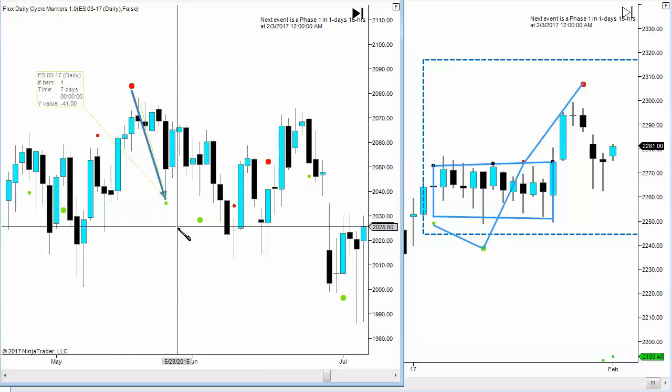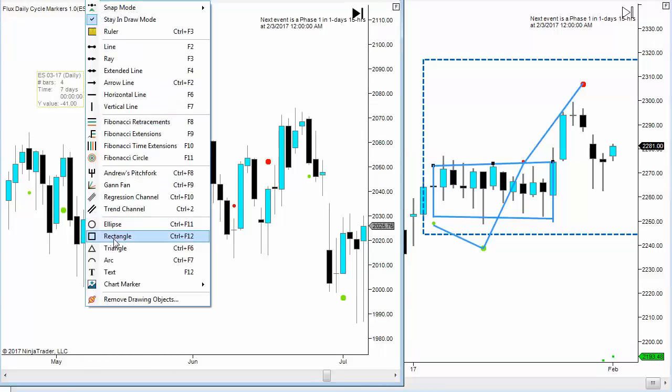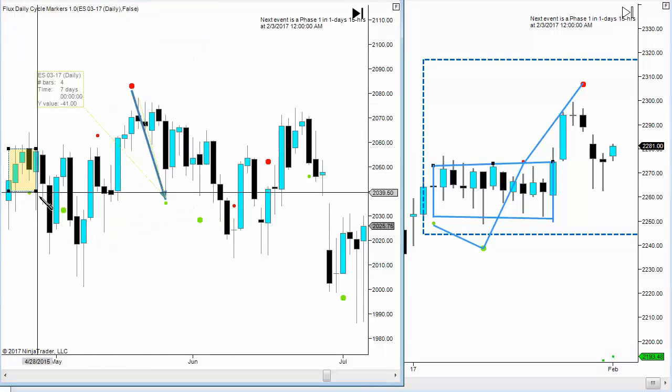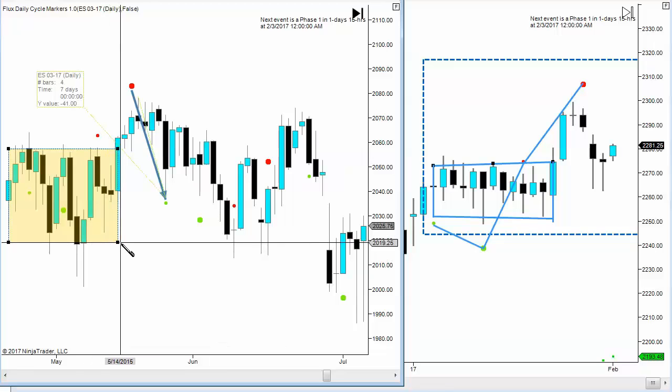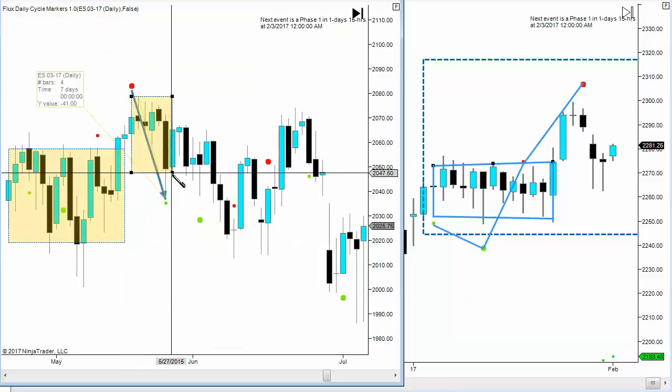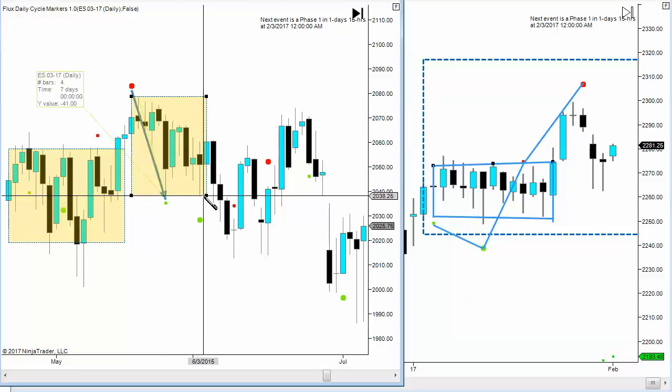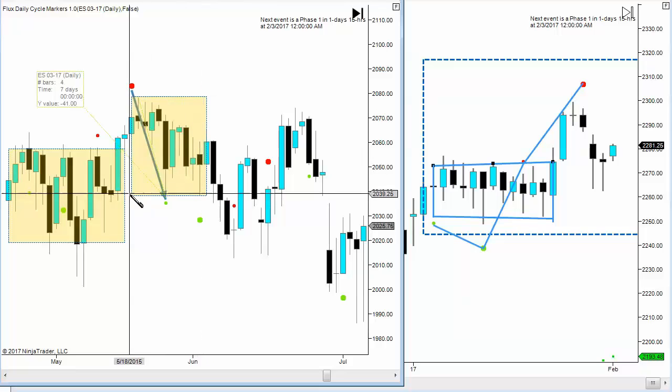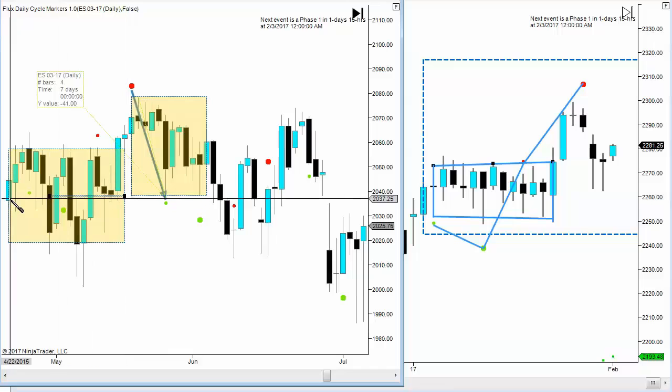But more importantly, if we look to the left and measure the height of the consolidation, these are the bars to the left of where we were, you'll see that this retracement pulls back halfway into the prior consolidation phase.